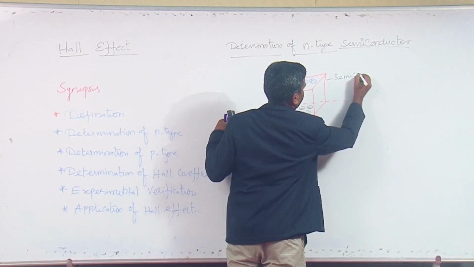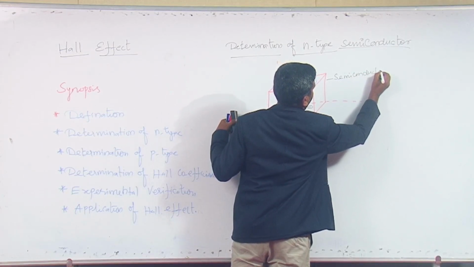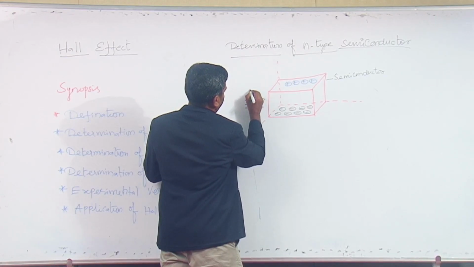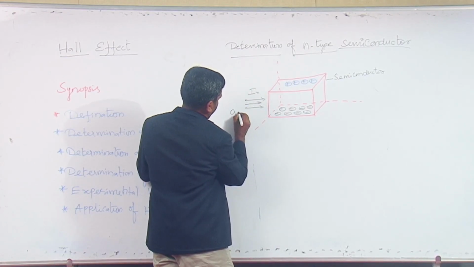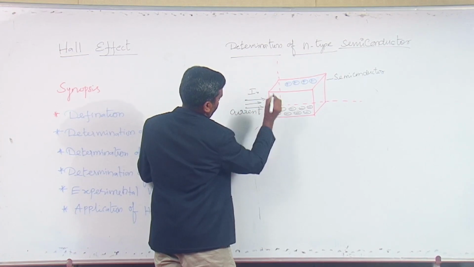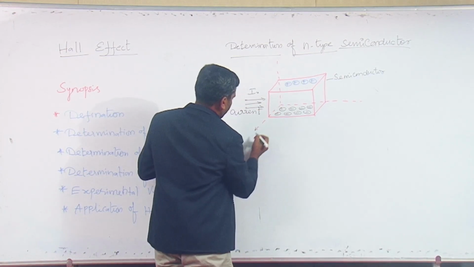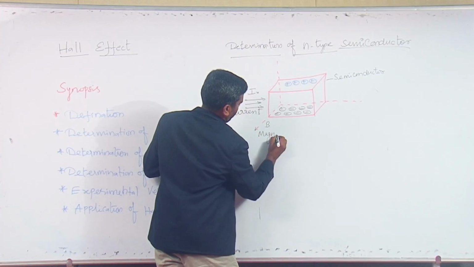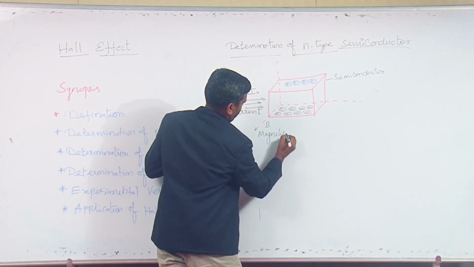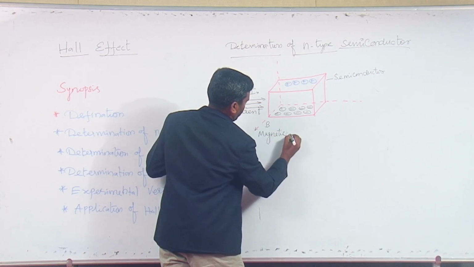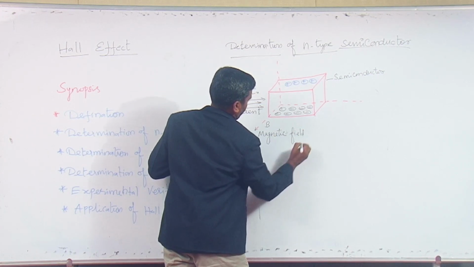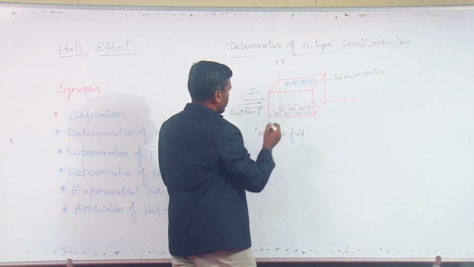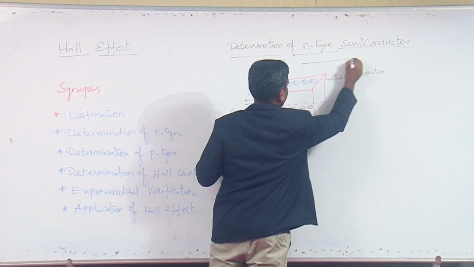This is the semiconductor. The current is along the x direction, Ix. The magnetic field is along the z direction, that is B. And the potential difference is along the y direction.